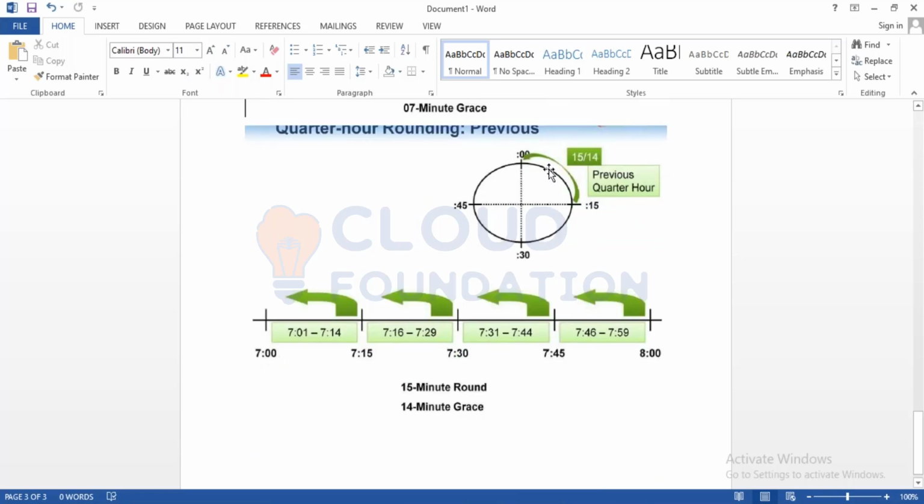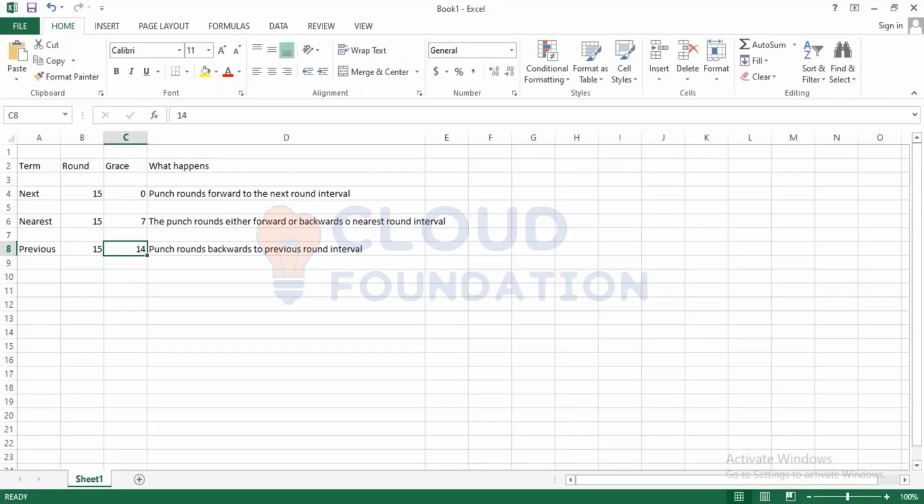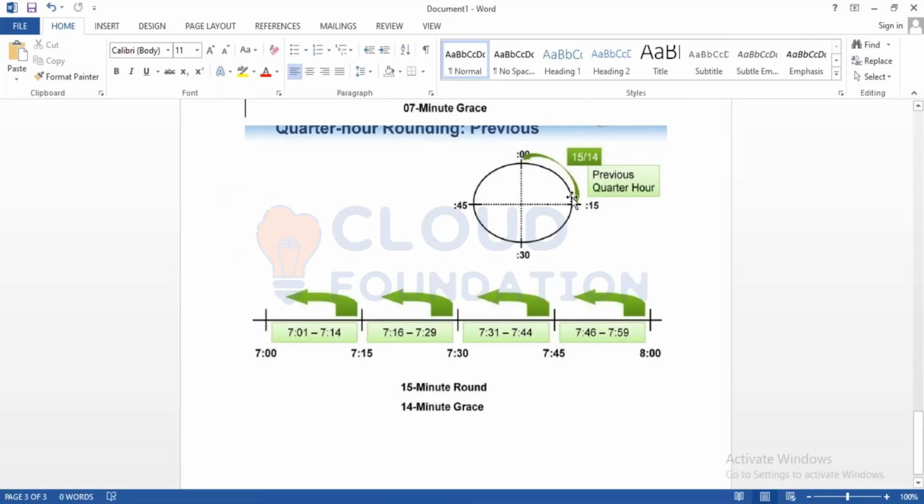So this is exactly the opposite of next. In next, your grace value is going to be 0, but here it's going to be 1 less than the round. So 15 is your round and 14 is your grace.